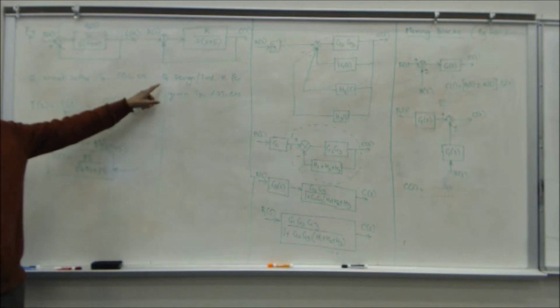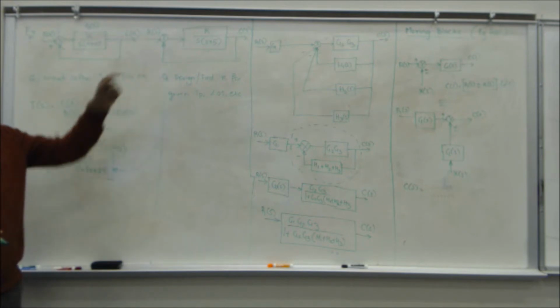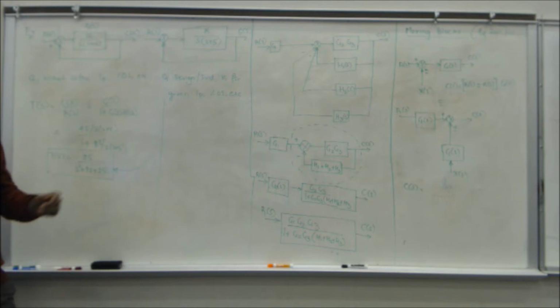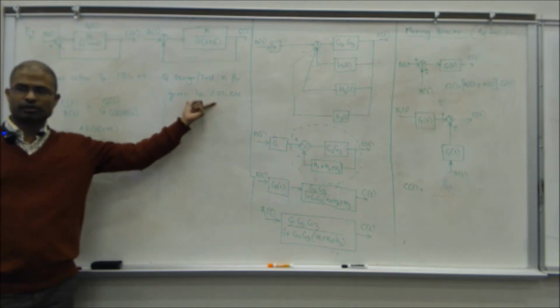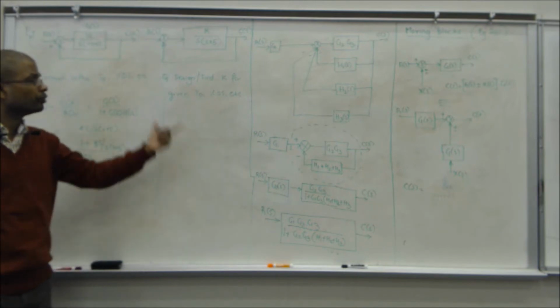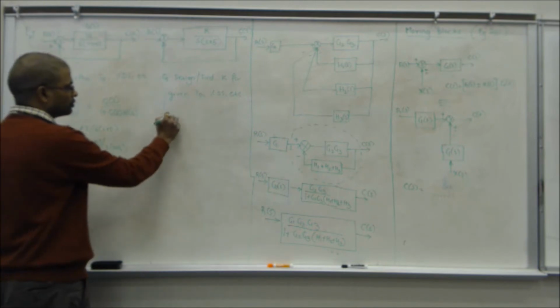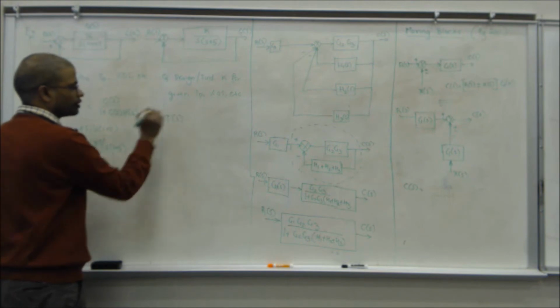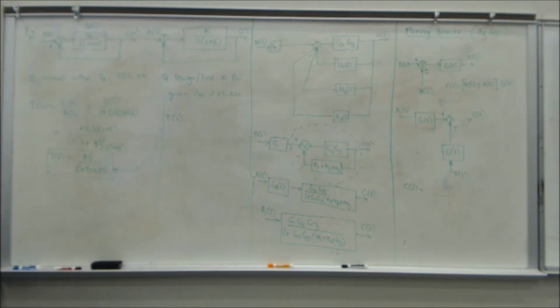So you'll be asked to design or find a value of K to achieve these performance characteristics, transient response characteristics. At that point, your first step would be to find T of S. T of S is the closed loop transfer function. T of S will always represent a closed loop transfer function.